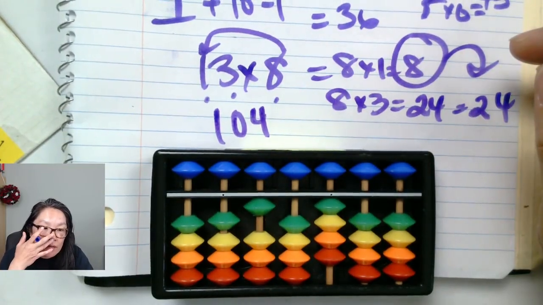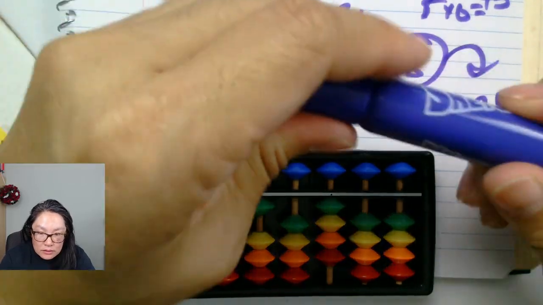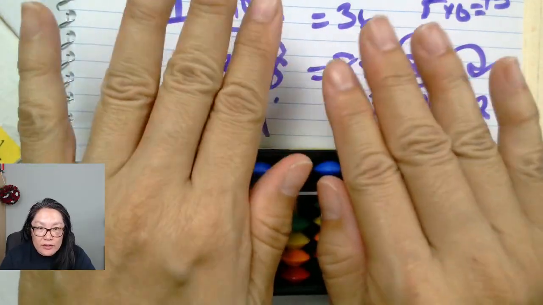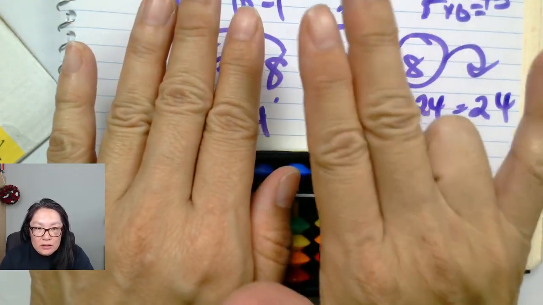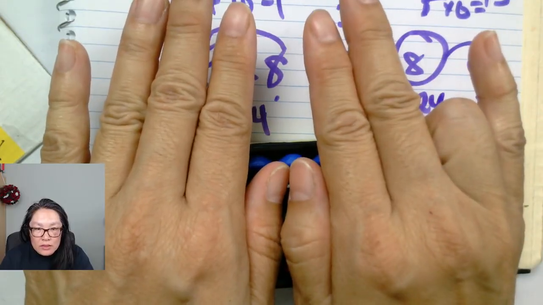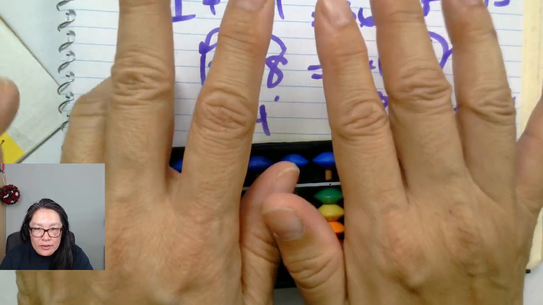Show them 9 on fingers, please. I don't know if I can do it. So 9 times 1 is 9. 9 times 2 is 18. Wait, let me do it the other way.